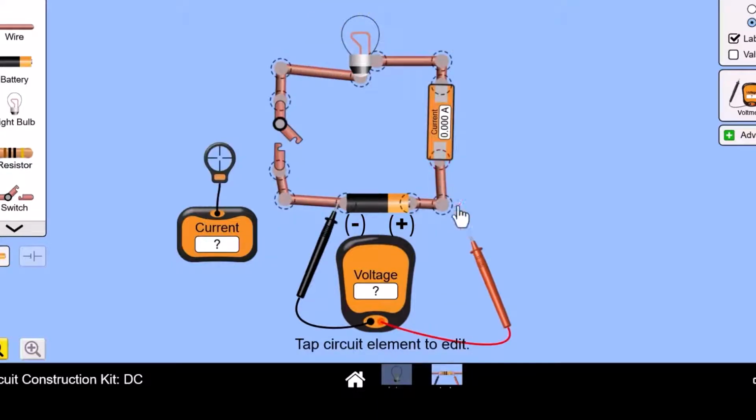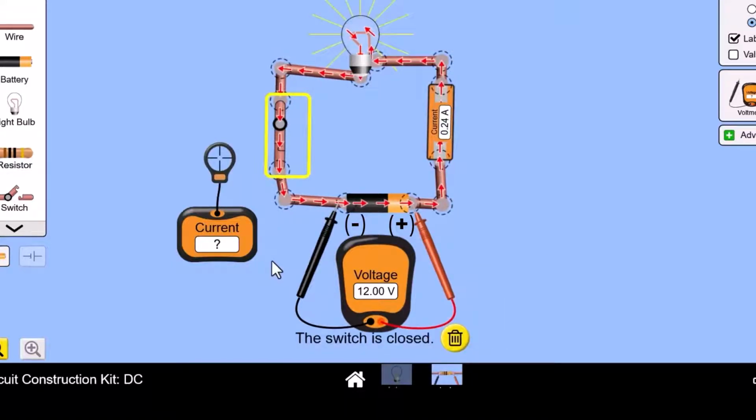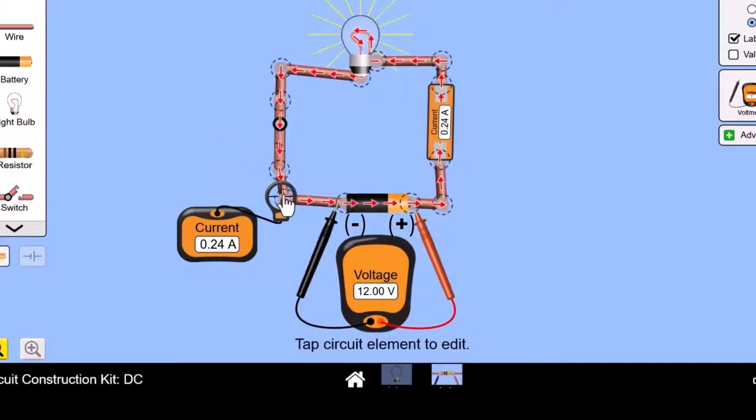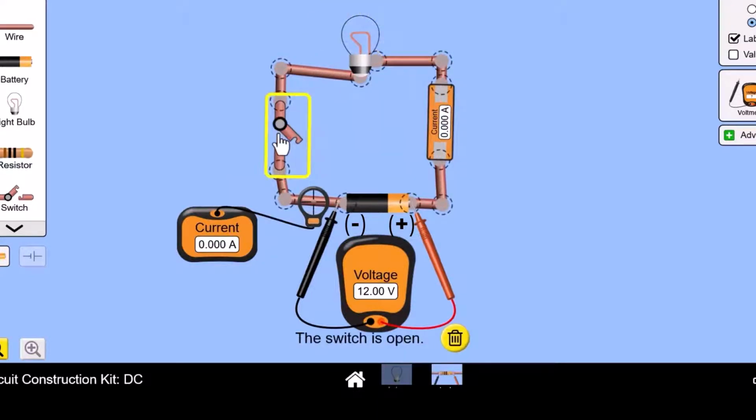The value will always be the same. Note that if the circuit is open, there will be no amperage flow.